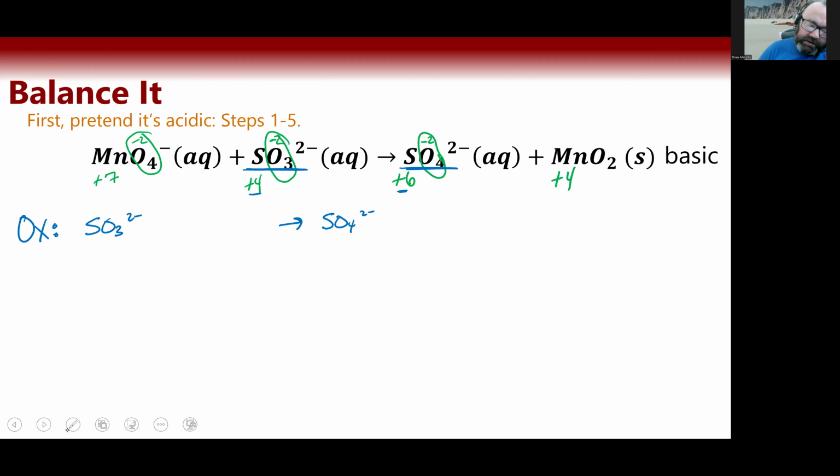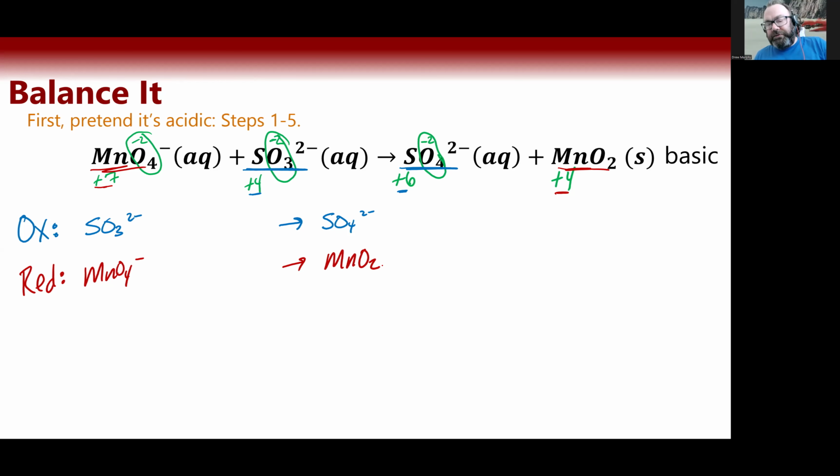Then our reduction half is the other half. So manganese is going from +7 to +4. So that means our permanganate is being turned into MnO2 or manganese 4 oxide.